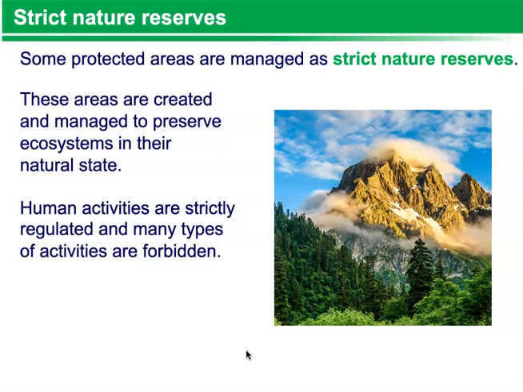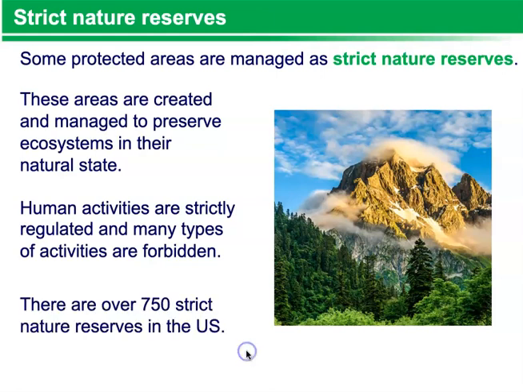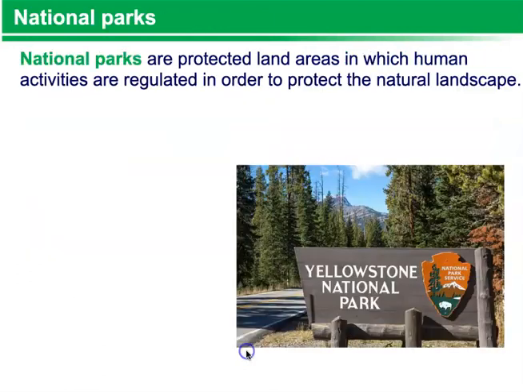There are some locations where hiking is the only thing that is allowed. Other activities allow things like fishing and hunting. There are over 750 strict nature reserves in our country today.